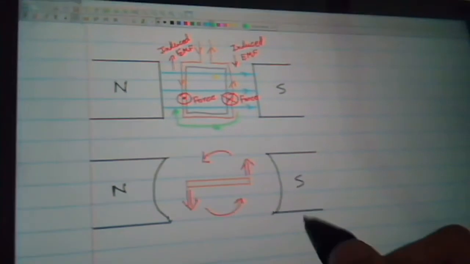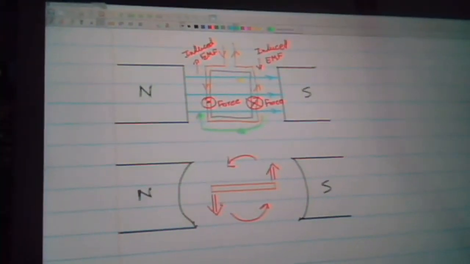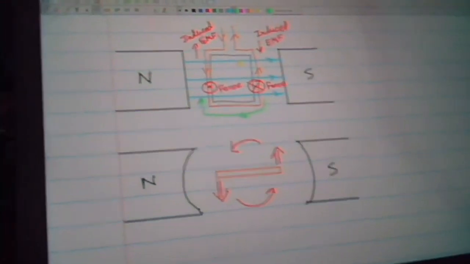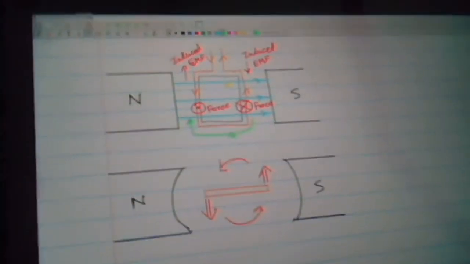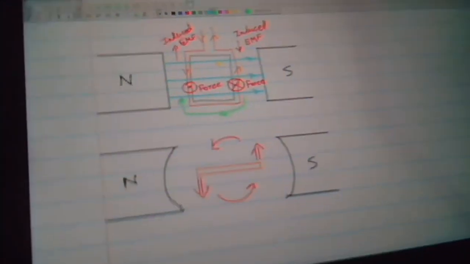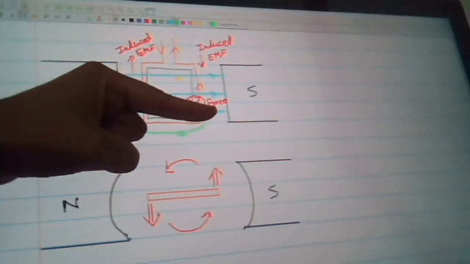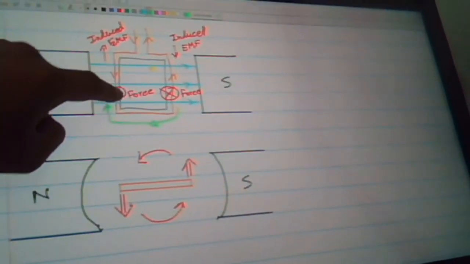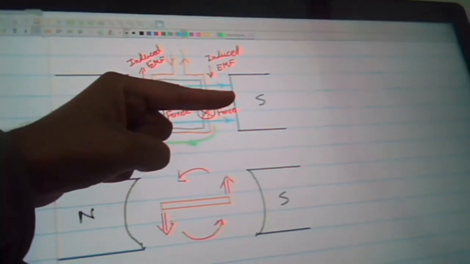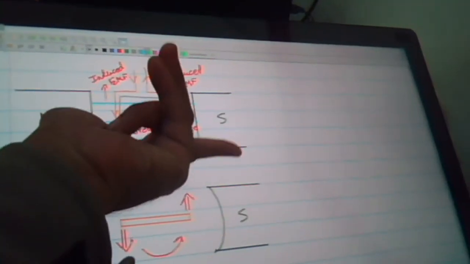Now this induced current once again will create some force, because now this current is flowing inside a magnetic field, and to find out that force, I have to again use my left hand. On the left side, this is the direction of flux, current is upward, and my thumb is pointing into the board.